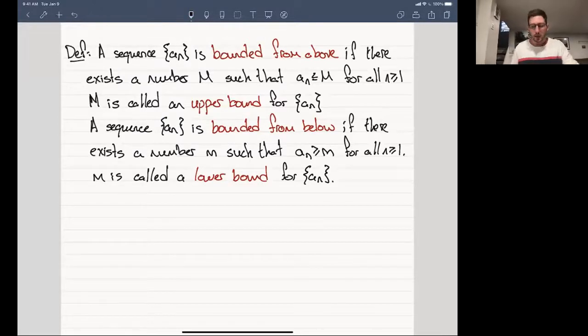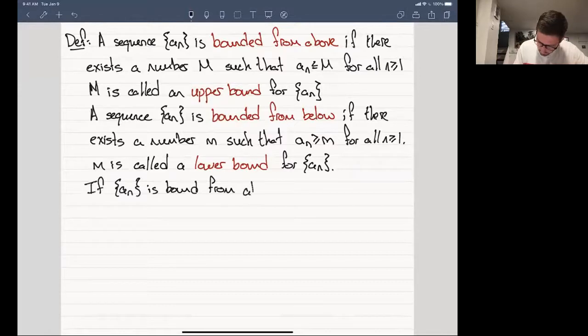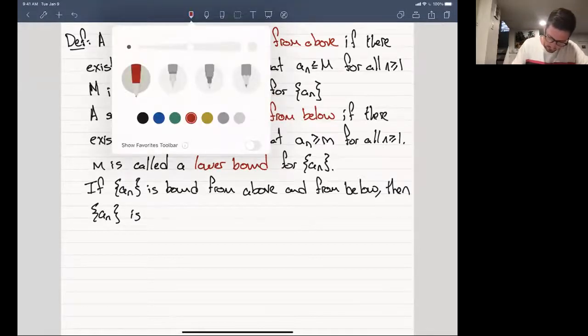In particular, if you put both of these together, if you're bounded from above and from below, then you say that the sequence is bounded. So finally, if the sequence a_n is bounded from above and from below, then we say that the sequence a_n is simply bounded.